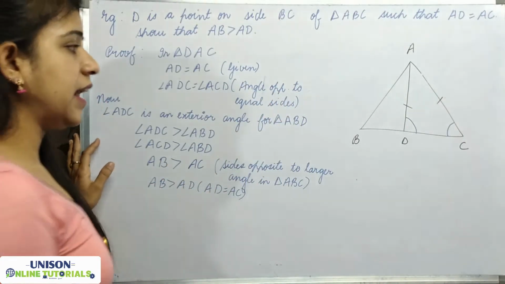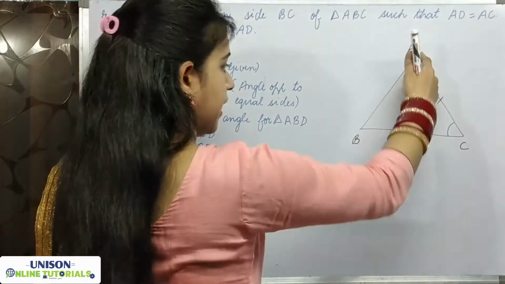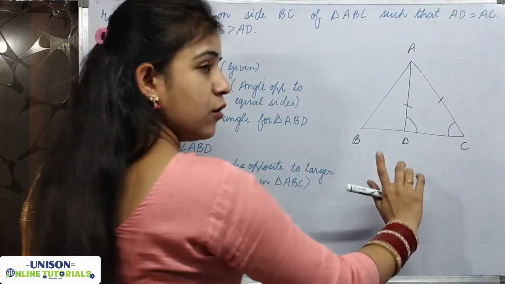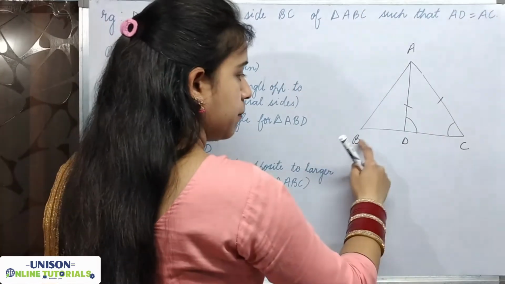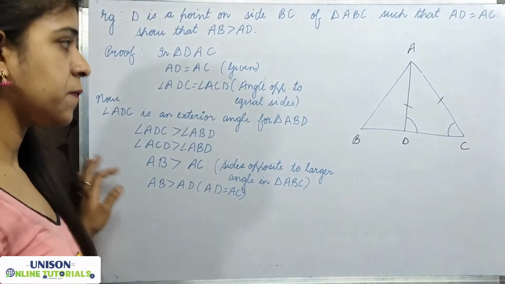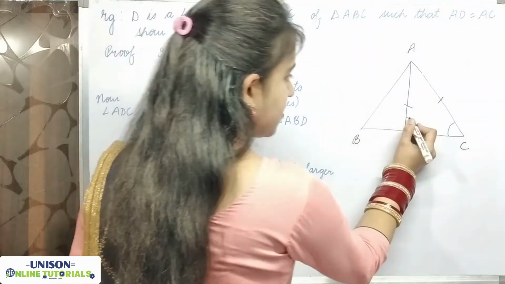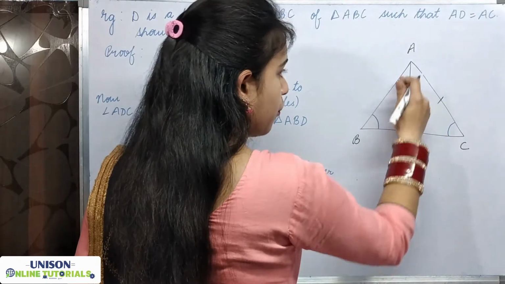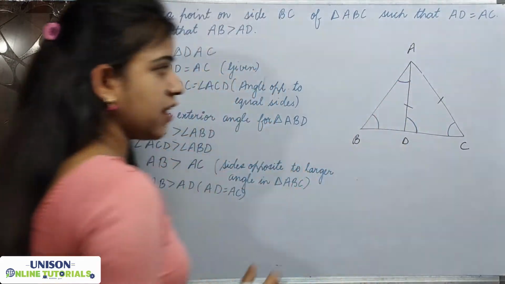Now in triangle ABD, look carefully in this triangle ABD. ADC is an exterior angle of this triangle. So if this is the exterior angle, then this angle and this angle, both these angles are smaller than this angle.